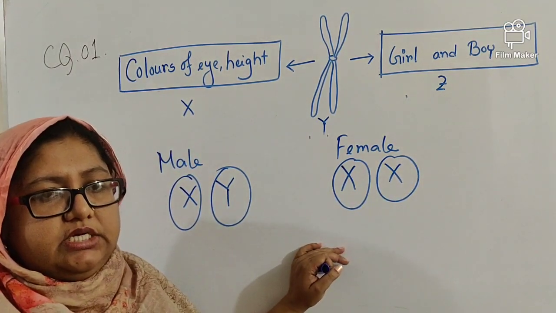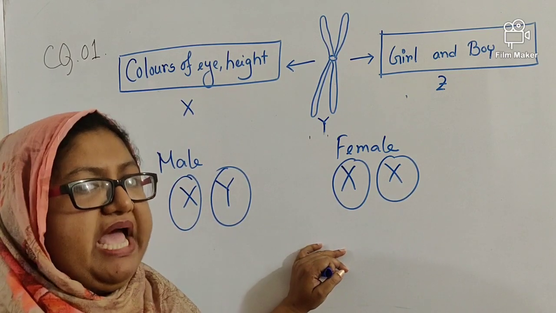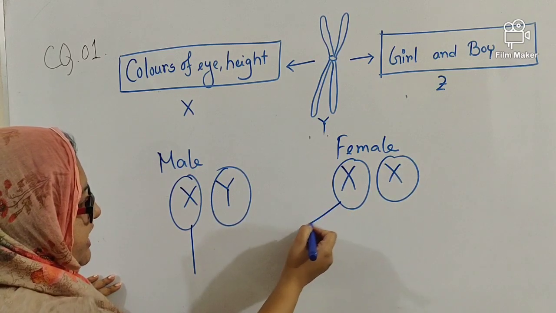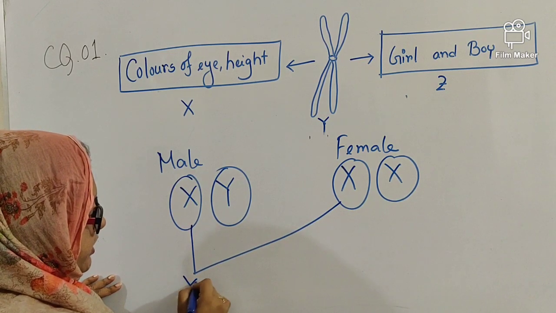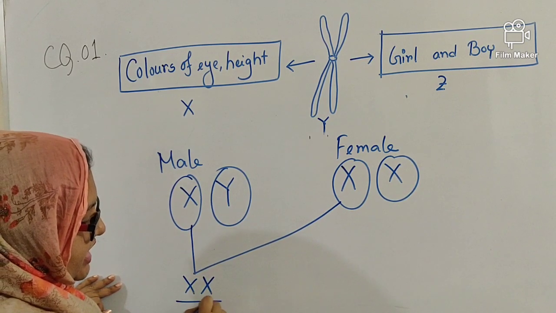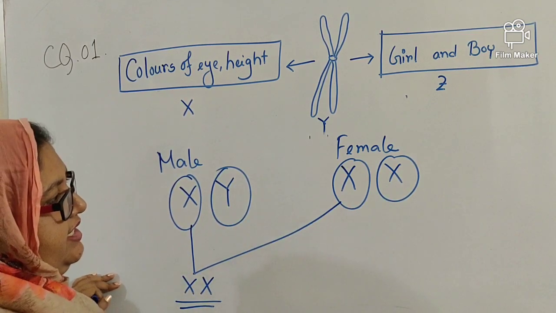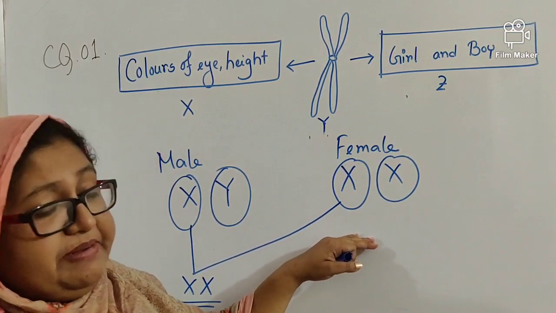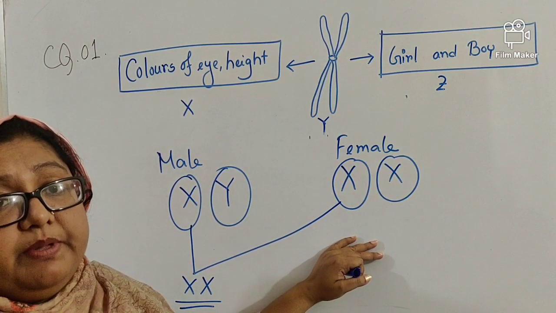Hence, you know that when the gametes form, they become haploid, and when the X of a male fuses with the X of a female, it will produce X and X. And you can see from this chart that X and X indicates a female. That means the child will be a baby girl.